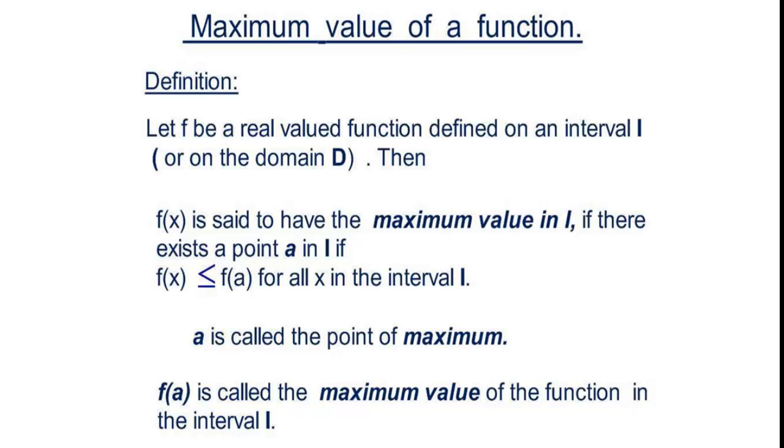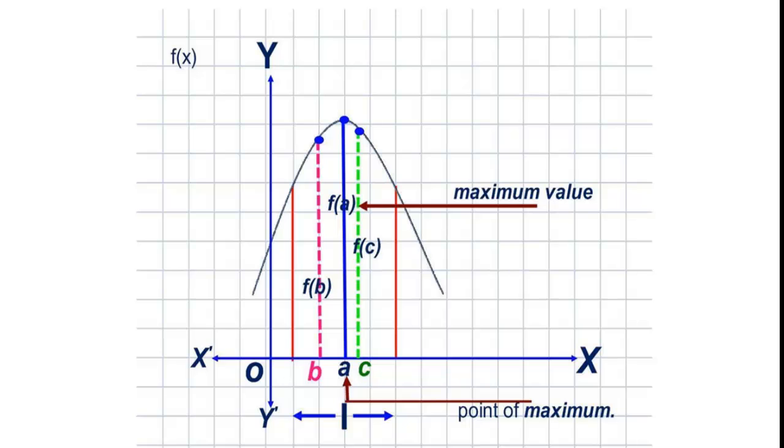Now we will understand the same with the help of this graph. Here is the graph of a function f of x. We see here that there is a point x equal to a such that f of a is greater than the other values f of b and f of c at the points b and c.